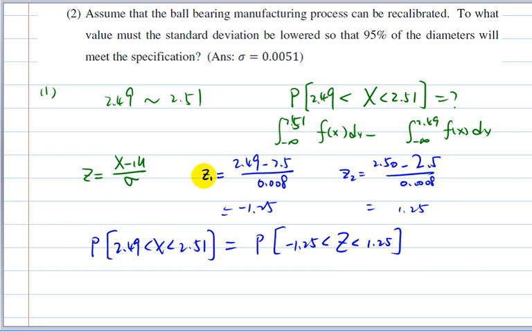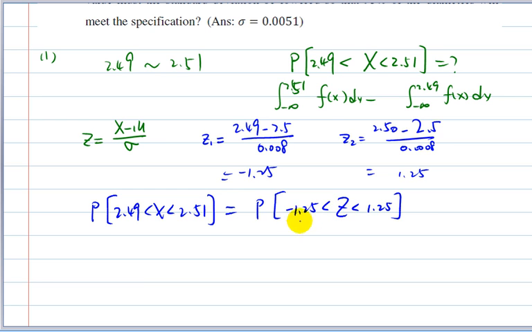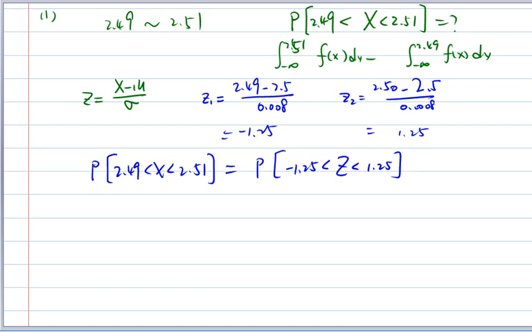This is a capital Z, and that's a small z. The probability of this is equal to the probability of Z less than this minus the probability of Z less than this. I'll show you how to use the table to find the values of this.